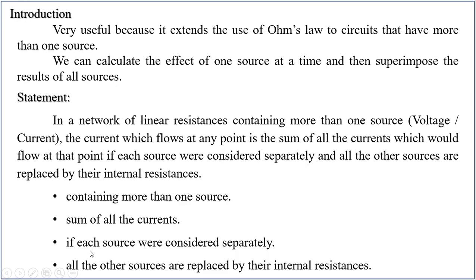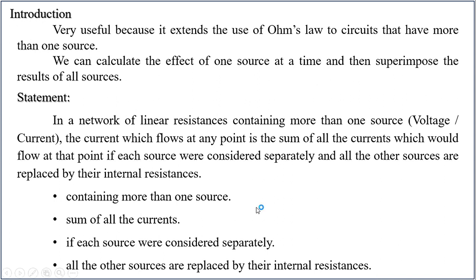If each source is considered separately, here we consider one source at a time. We don't consider all sources at a time. And when we are considering one source, all the remaining sources are replaced by their internal resistances.